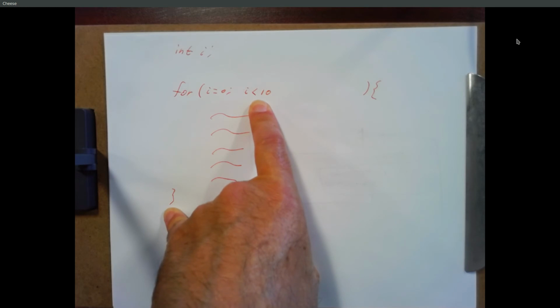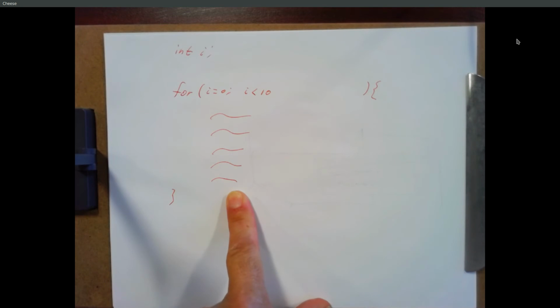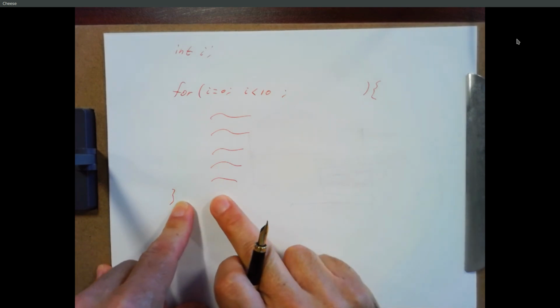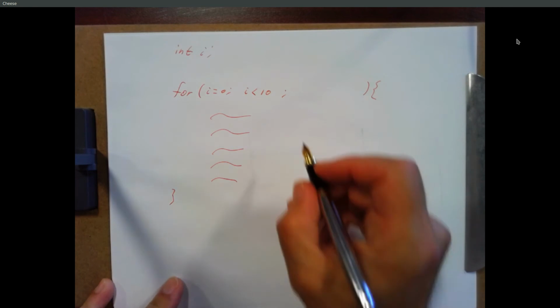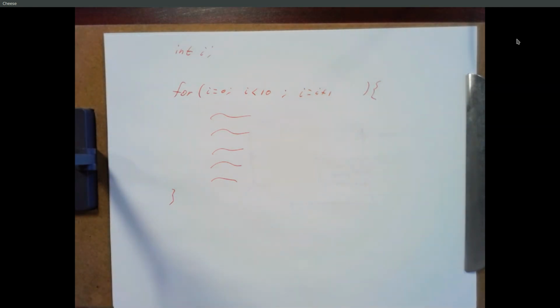If I is less than 10, it's going to do everything that's inside these curly brackets. And the third part is something that I want to have happen automatically at the end of all of these statements. And what I'm going to do at the end is say I equals I plus 1.